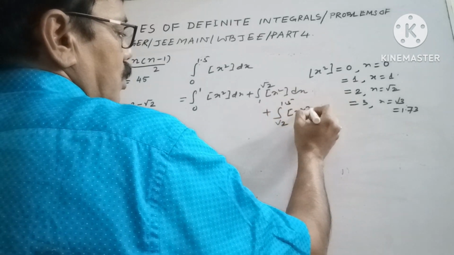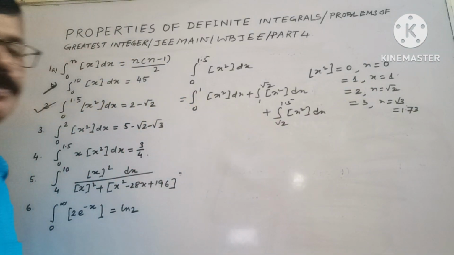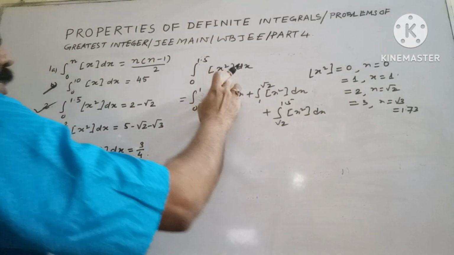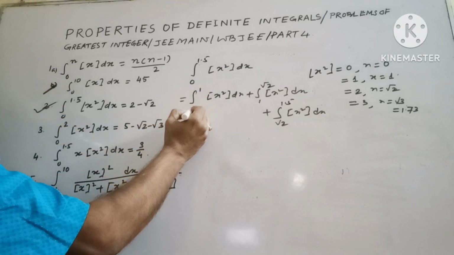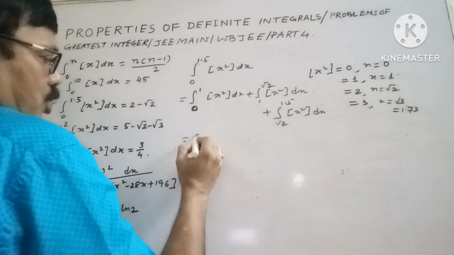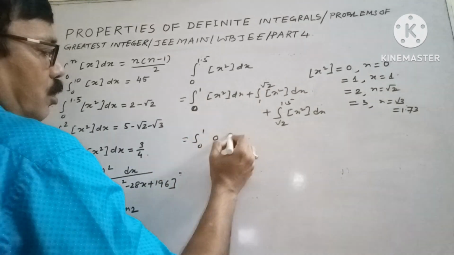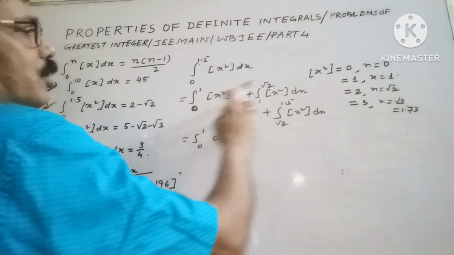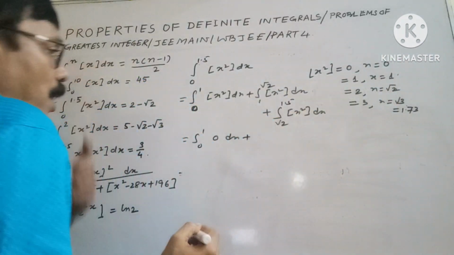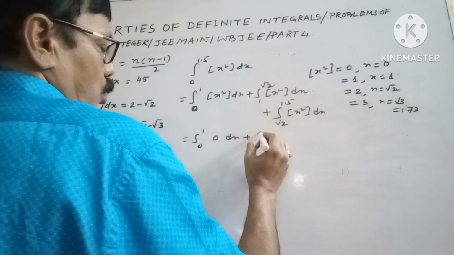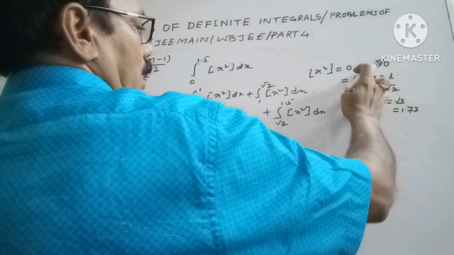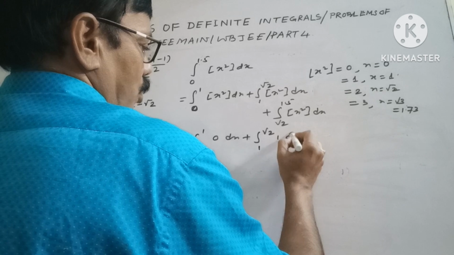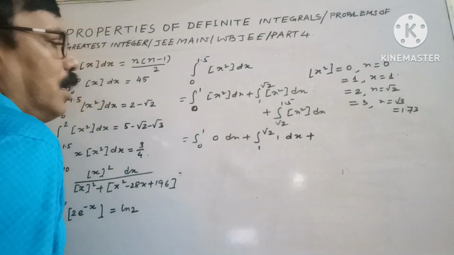Then root 2 to 1.5, third bracket x square dx. Now the third bracket x square is 0 for 0 to 1; we take the lower value. So 0 to 1, this is 0 dx. And this is 1 to root 2, so the value of third bracket x square is 1 for 1 to root 2, we take 1, the lower.